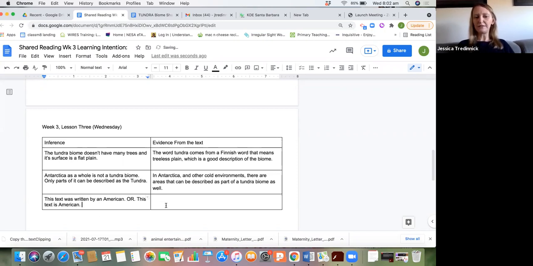That's my inference. And the evidence that I found is it contains American measurements. And I think it's called the imperial system.